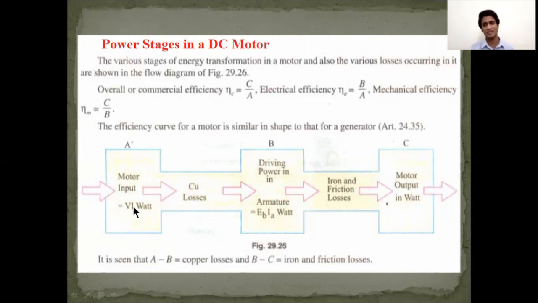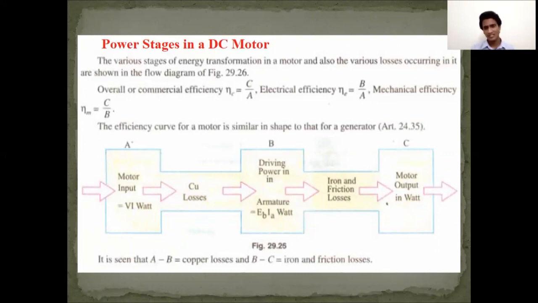Current flows through my windings, then copper loss will occur. After the copper loss, the remaining power will be developed in the armature. That is mechanical power developed by the armature. Its electrical equivalent is EB into IA, back EMF generated in the armature into current flowing through the armature. That is, EB into IA is equivalent to the mechanical power developed by the armature.